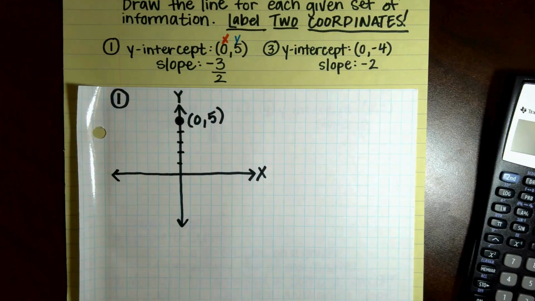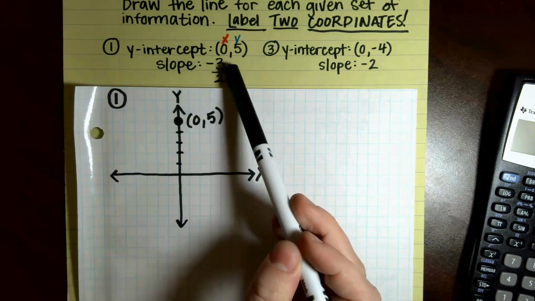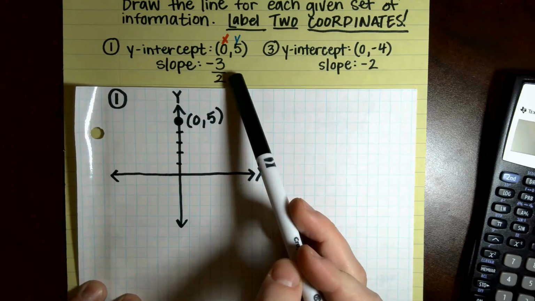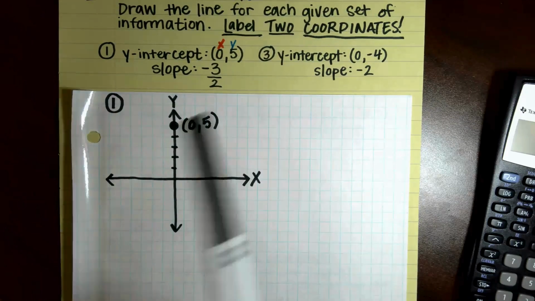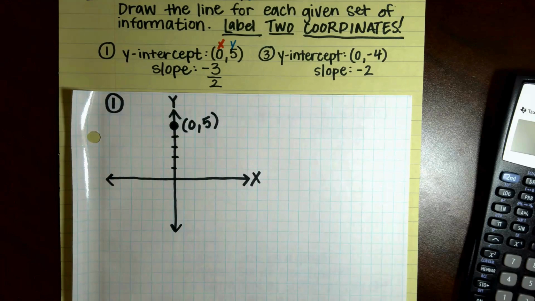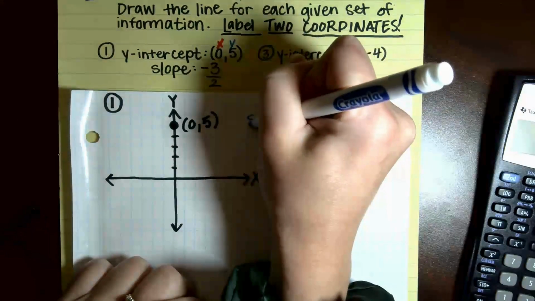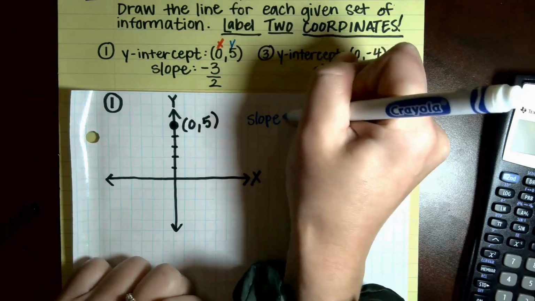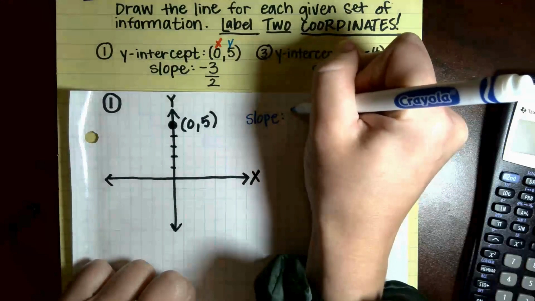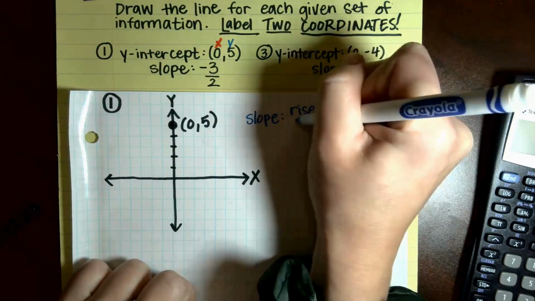Good. Now we have a slope. Our slope is -3 over 2. What can we know about slope? The rise and run. Yeah, we know that slope is the same thing as rise over run.